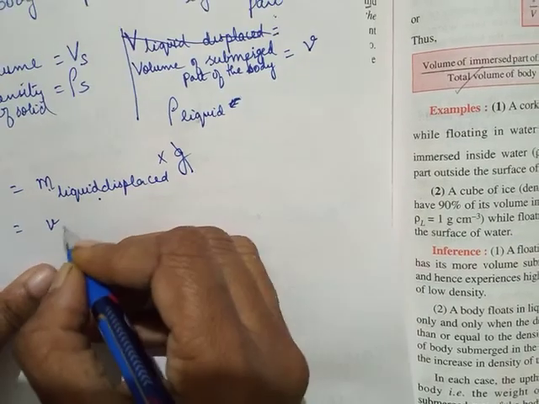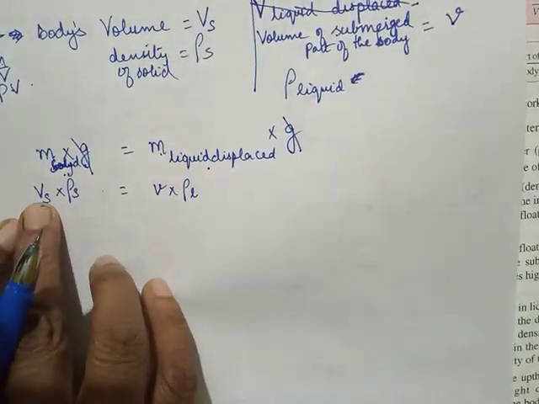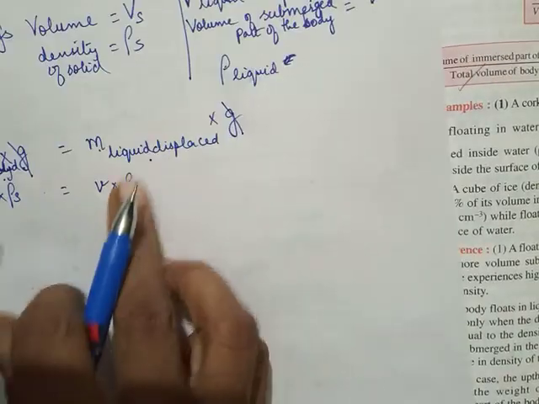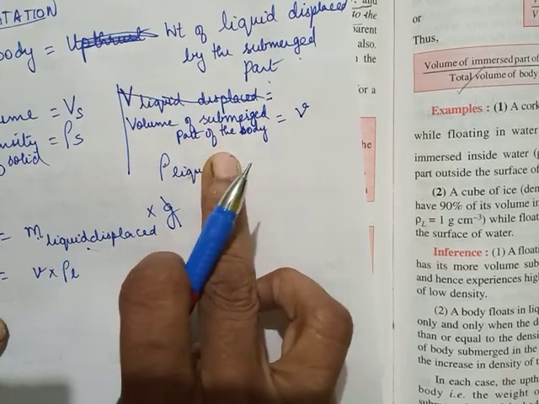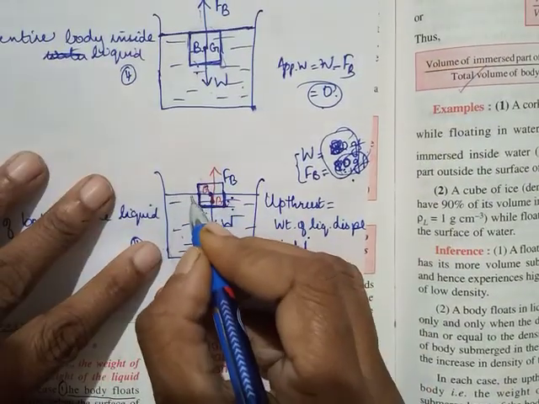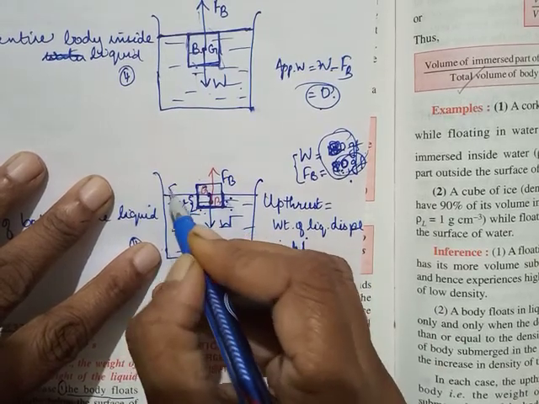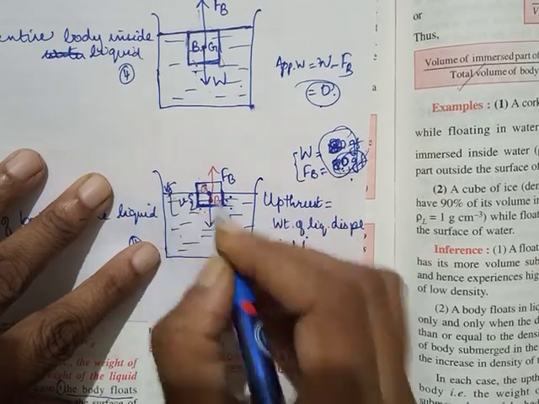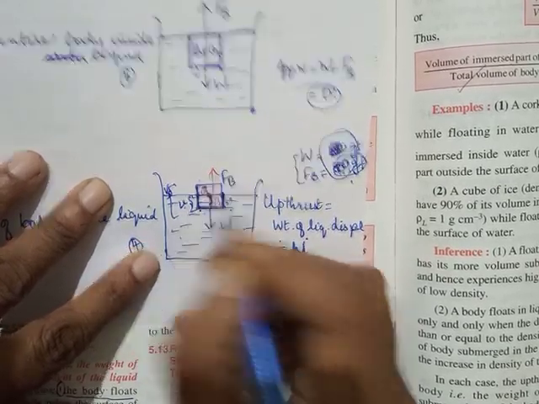So v into rho L. For solid, Vs into rho s. For mass of liquid displaced, small v. What is small v? Volume of the submerged part of the body. So in this diagram, children, this volume is small v and this whole volume is capital Vs. The volume of the submerged part is small v.